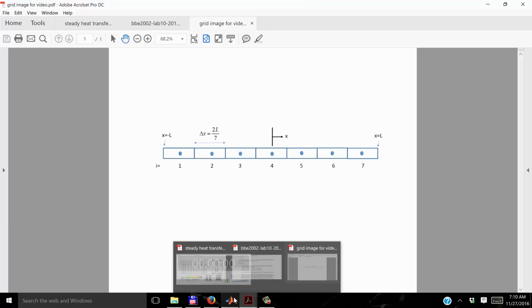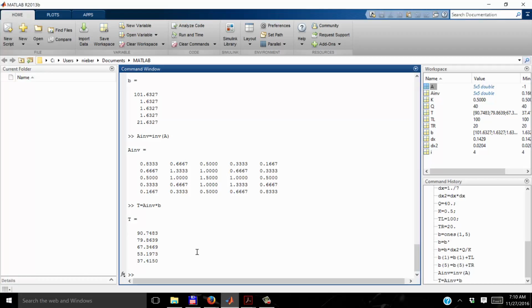So in order for us to be able to plot this, I want to create a vector that includes the temperatures on the boundaries. So what I'm going to do is use a for loop to do that.